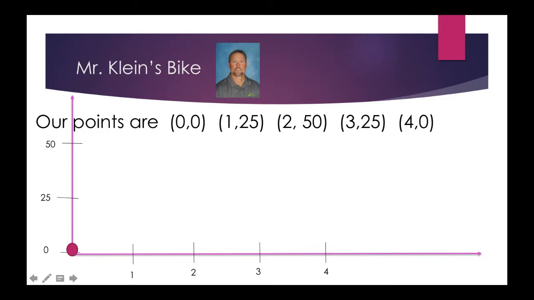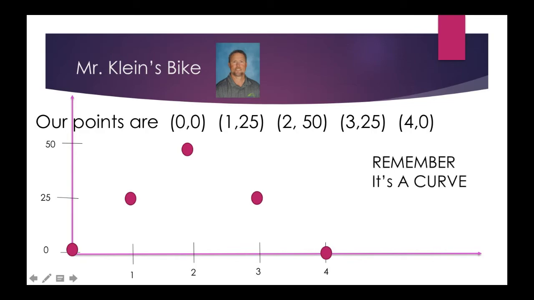0, 0, it goes there. 1, 25, there. 2, 50, there. 3, 25, and 4, 0. Notice that looks like an upside down letter V, but don't make it an upside down V. Remember, it's a curve. You make it circular.